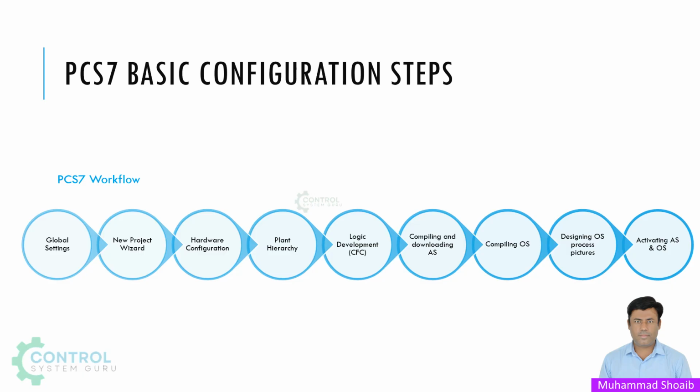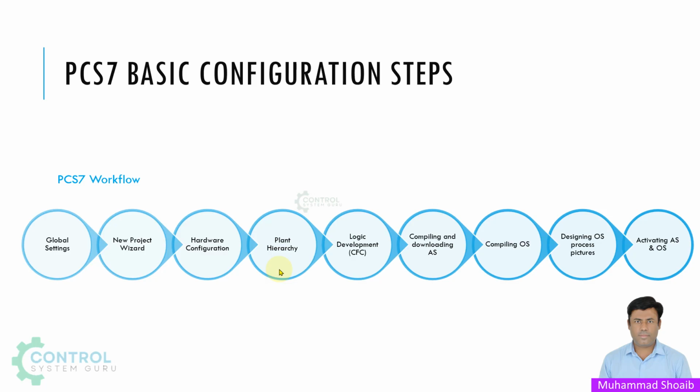So these are all the steps we have to follow to create a new PCS7 project. First we will do the global settings. Then we will create a new project through the wizard. After that, we will do the hardware configurations, the OS and AS hardware configuration.